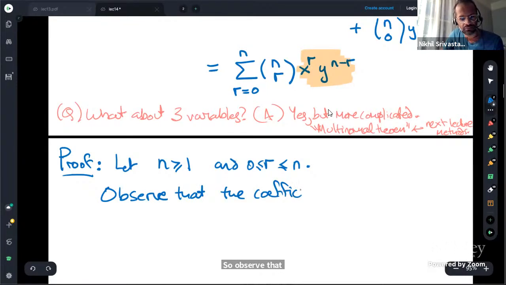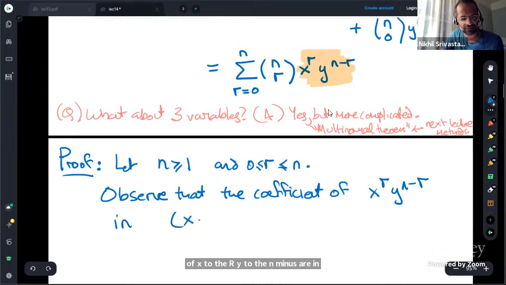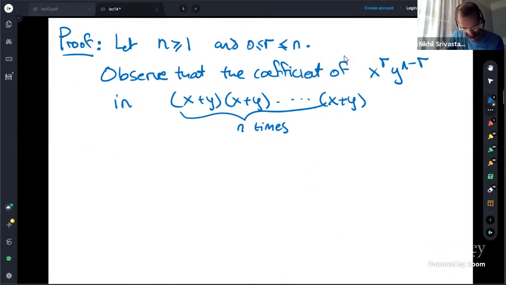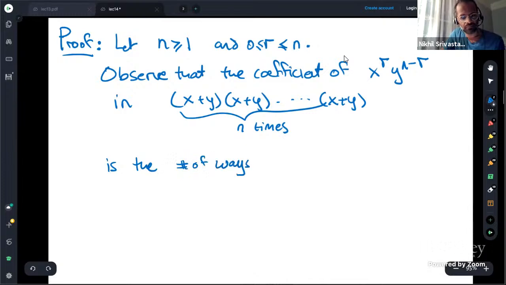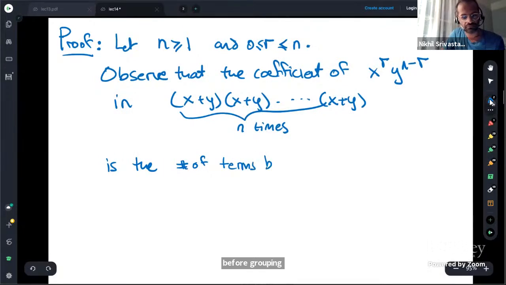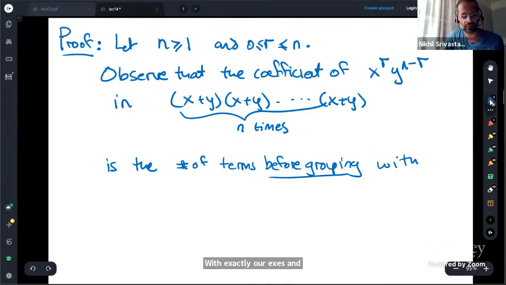So observe that the coefficient of x to the r, y to the n minus r in this product, x plus y, dot, dot, dot, multiplied n times, is the number of ways, or let's put it this way, is the number of terms before grouping with exactly r x's and n minus r y's.